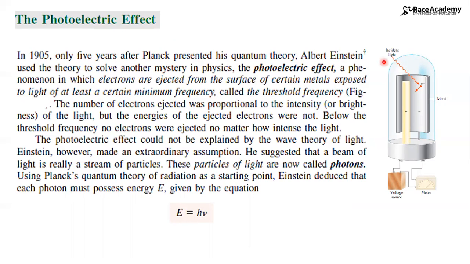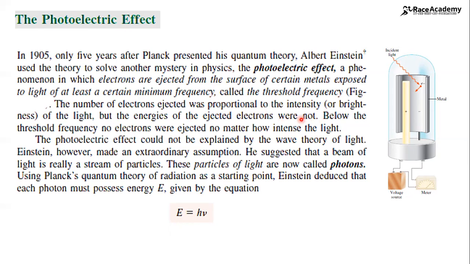That's what we observe in this diagram. Incident light is falling on this metal surface and ejecting electrons, and a voltmeter is shown here. From this picture, you can understand that the number of electrons ejected was proportional to the intensity of light, but the energies of the ejected electrons were not.